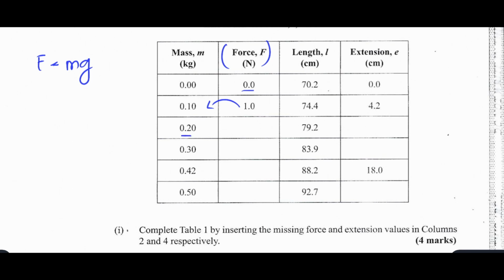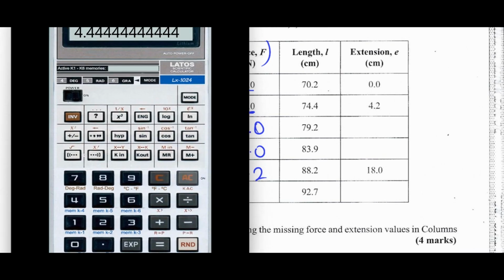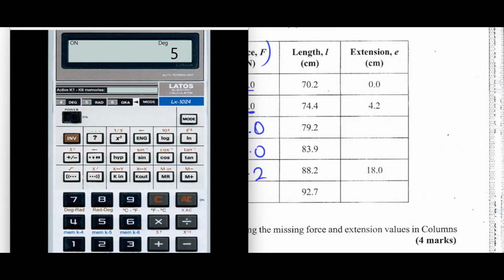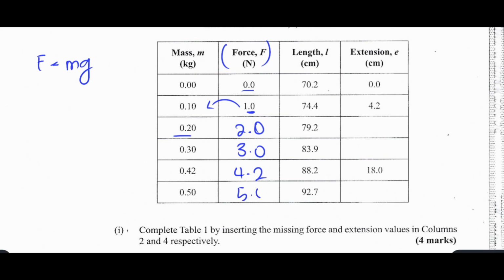But 0.2 multiplied by 10 is 2. And seeing that the answers before were written to 1 decimal place, continue with that trend to keep your table consistent. So 0.3 times 10 is 3.0. 0.42 multiplied by 10 is 4.2, and 0.50 multiplied by 10 is equal to 5.0.